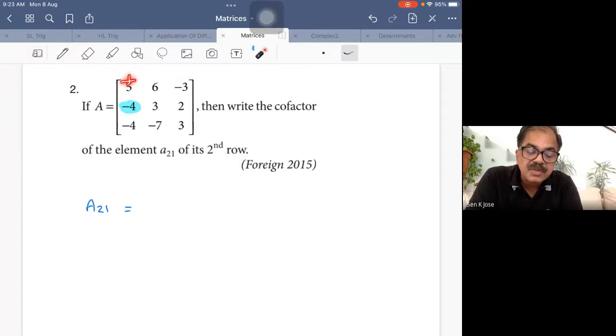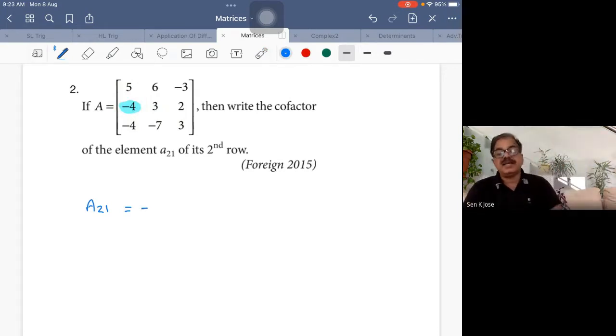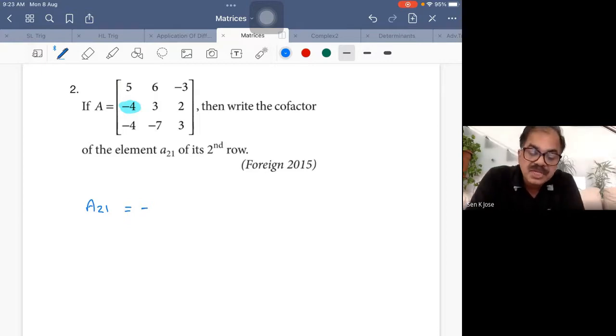It starts with positive: positive, negative, positive, negative, positive, negative. You can count and get the sign, or use minus 1 to the power of i plus j. That's another rule. Anyway, we know it is minus. It's called the signed minor, so there is a minus sign outside. And the minor of which element? Of this element: delete the row and the column it belongs to.